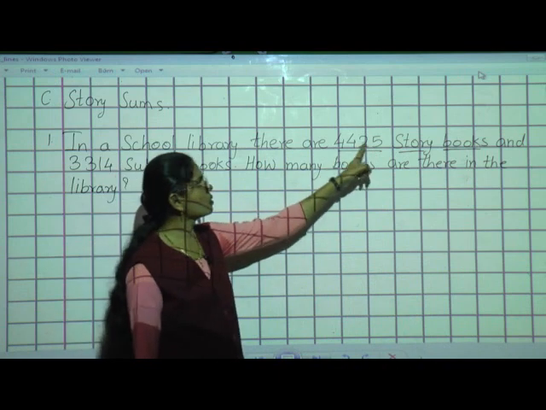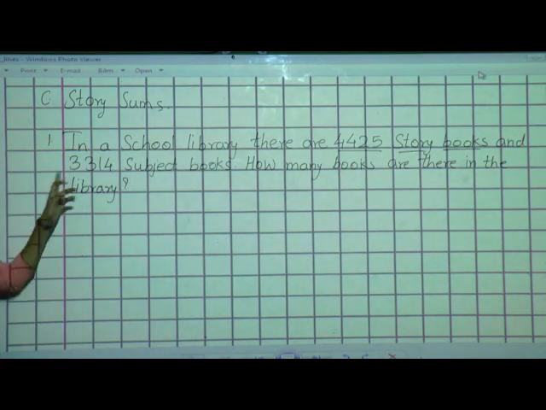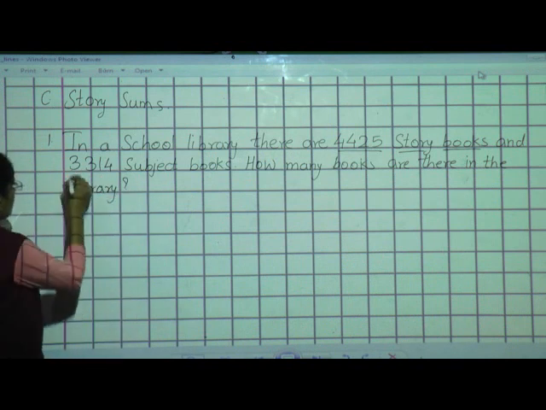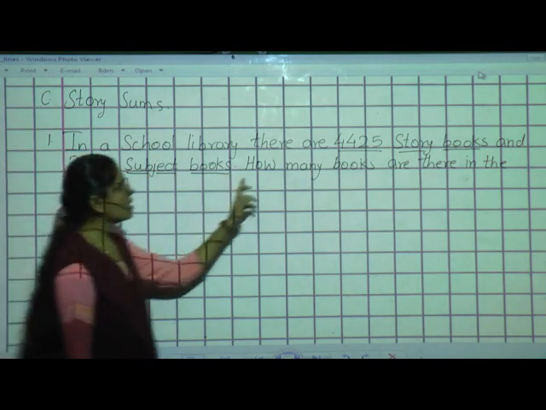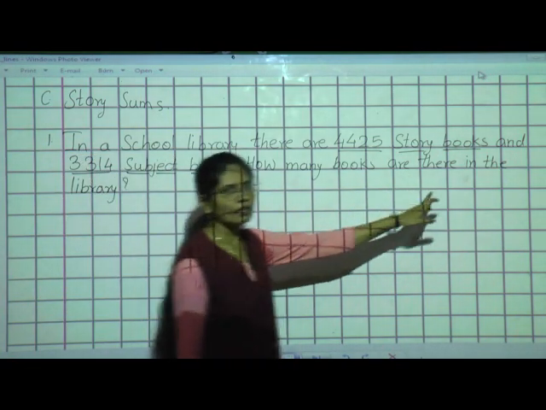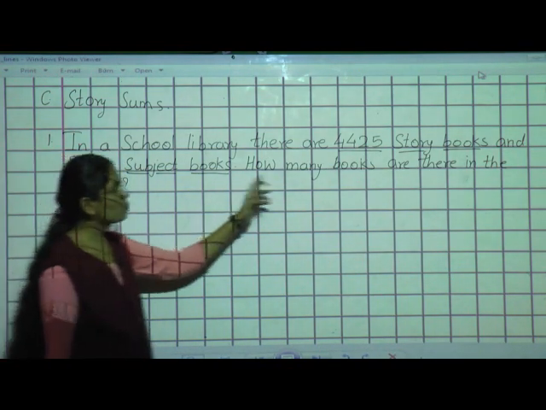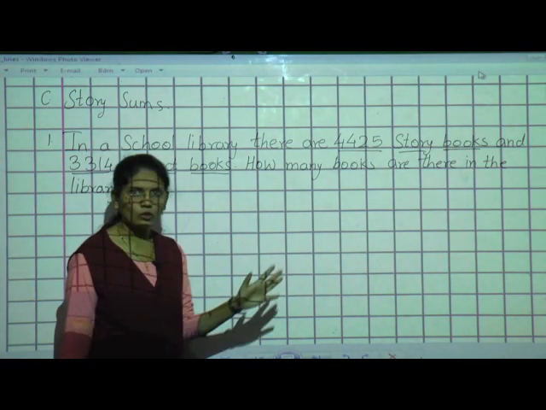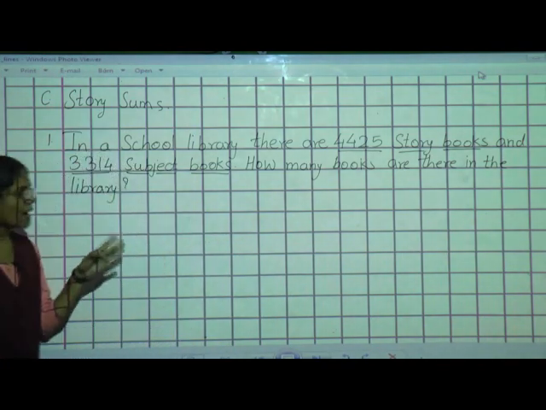There are 4,425 story books, and there are 3,314 subject books. And what is our question? The question is, how many books are there in the library? See, how many total. If these words come, then that time you have to do the addition.